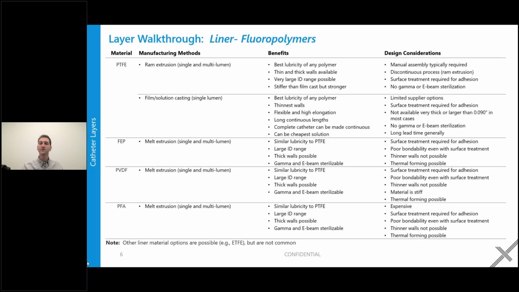Now, the other problem with them is PTFE reacts very well to surface treatment with the etching. The other materials don't react as well. You can get a bond, but the bond is not as good. And so we've seen a lot of issues in industry with trying to use FEP and PVDF and PFA, and the etchant doesn't give you the best surface treatment, and you end up having some delamination issues, especially in devices that need to be pretty flexible.